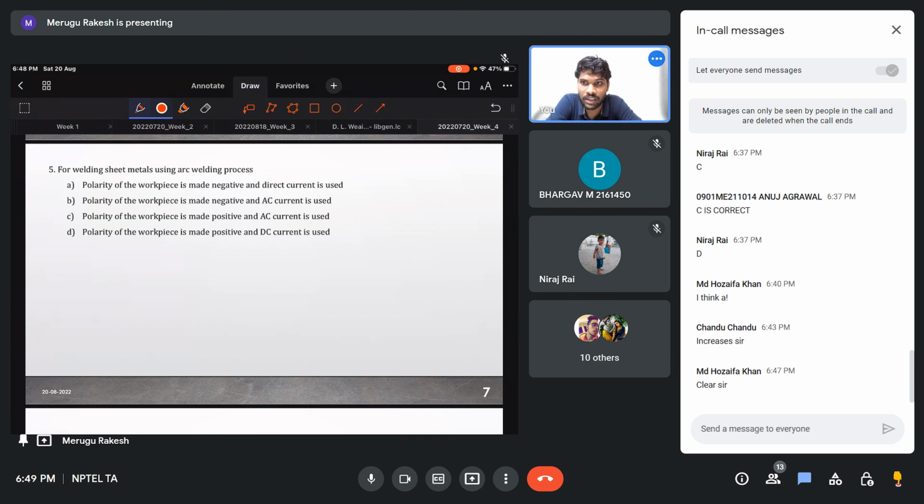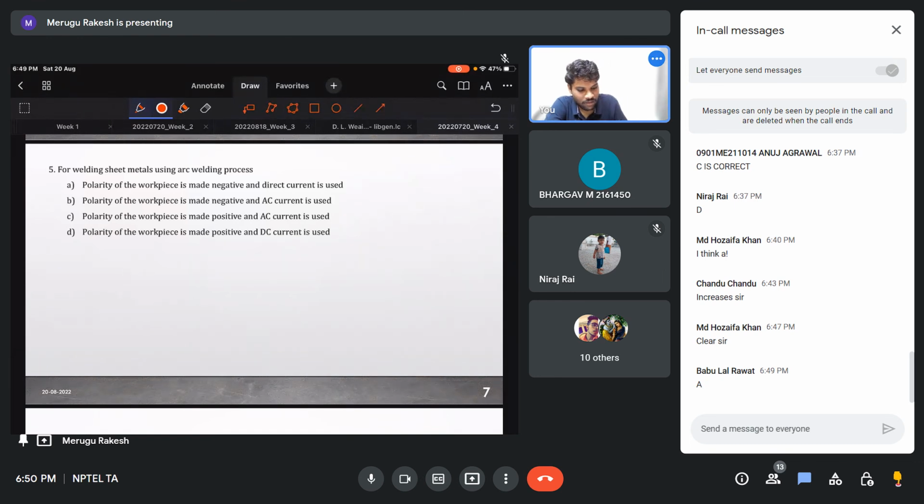For sheet metals, it should come to your mind that the thickness is very small, less than some 5 mm, say less than 2.5 mm. So I have to use the correct polarity, otherwise it will melt through. I cannot get a weld, rather I'll get a hole cut in it.